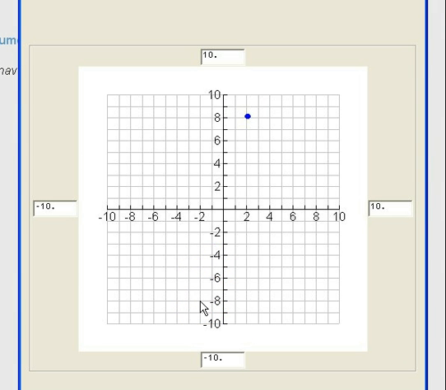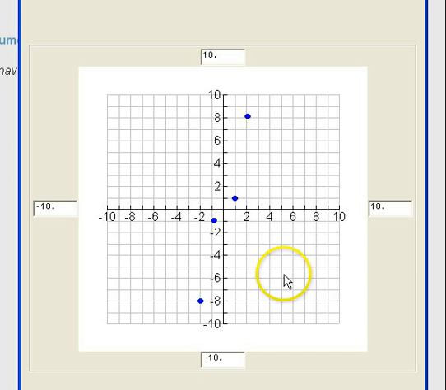And that would occur at negative 2, negative 8. If I pick the point 1, 1, and I were to continue through the origin, the companion point for that would be negative 1, negative 1. These point pairs are symmetric with respect to the origin.